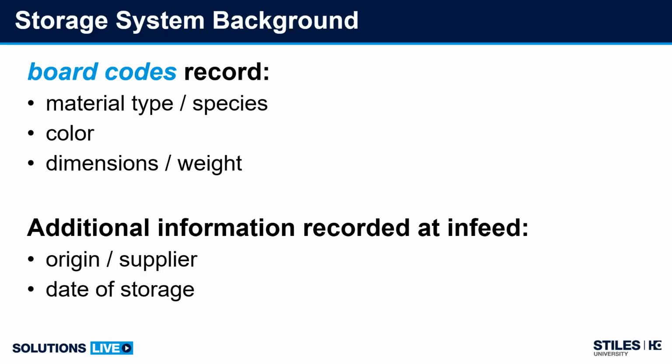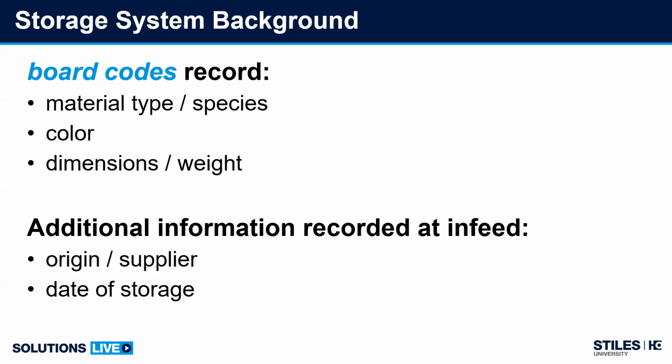But something else that can help us in the future is when we in-feed those panels to the system, we can identify where they came from: the manufacturer, a batch number, a lot number, if you will. So if we have a problem with color and a shift in the shade of the material, maybe we can go back and pull those materials out of the system very quickly and identify where the problem came from.